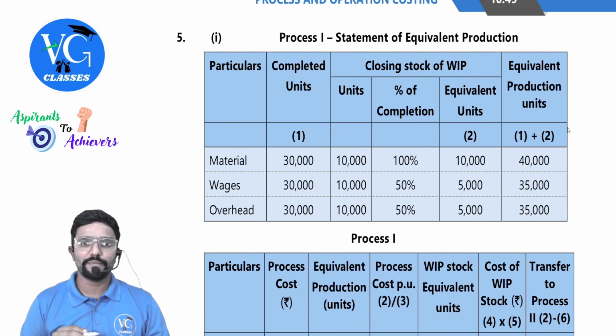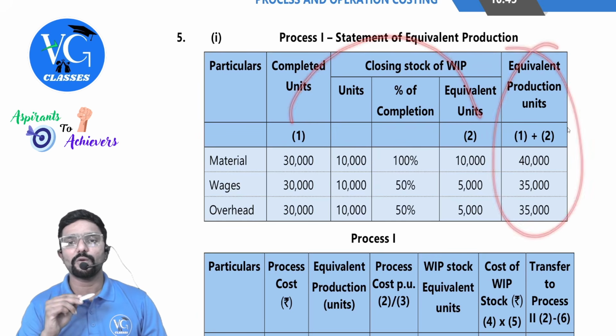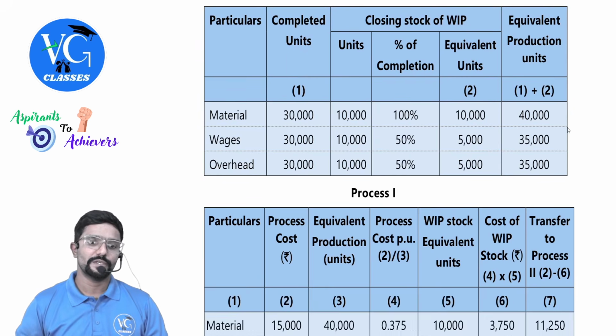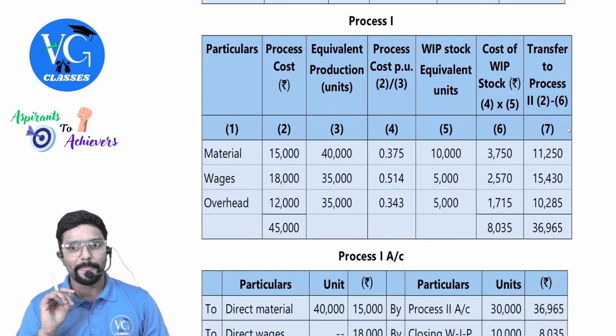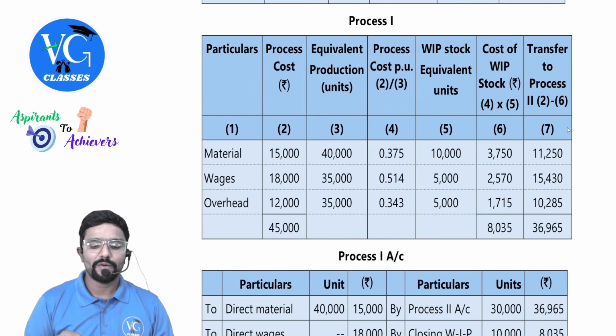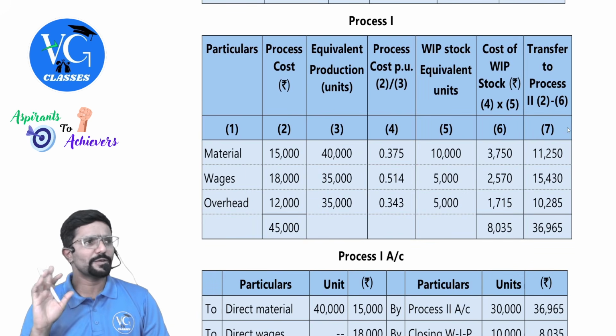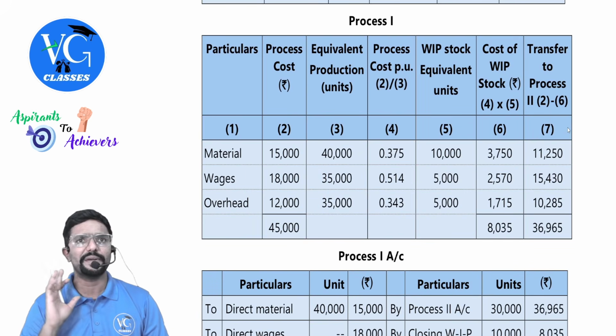Now the total equivalent production is completed units plus equivalent units with respect to closing work in progress. So you will get the total equivalent production units. Now coming to process 1. It is not the process 1 account, we are just doing process 1. What is the process cost? 15,000, 18,000 and 12,000. There is no opening WIP, so here only current period cost.